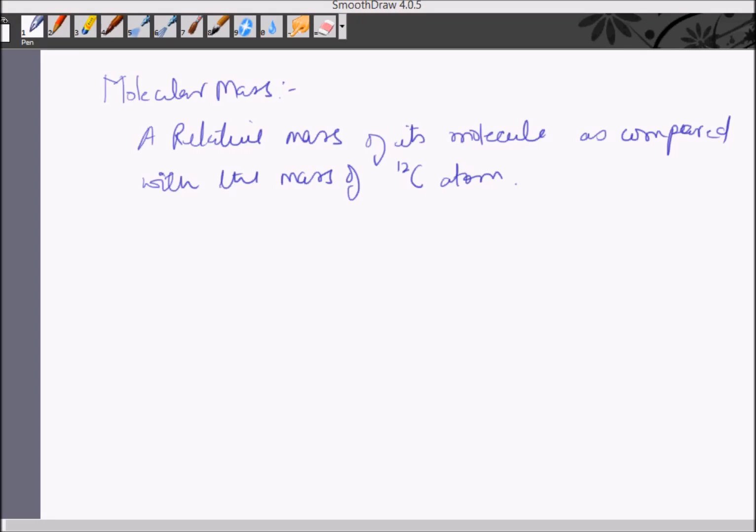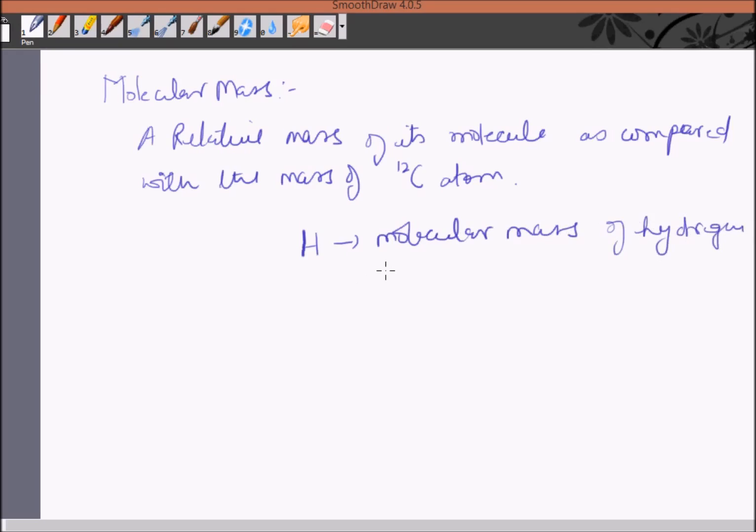For example, if I tell you the molecular mass of hydrogen is 2, which means that a molecule of hydrogen is 2 times heavier than 1/12 of carbon 12 atom.